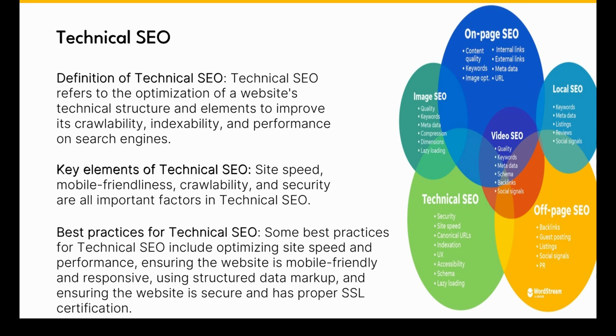So, best practices for technical SEO. Some of the best and approved practices for technical SEO include optimizing site speed, as mentioned, and performance, ensuring the website is mobile friendly and responsive, using structured data markup, and ensuring the website is secure and has proper SSL certification.